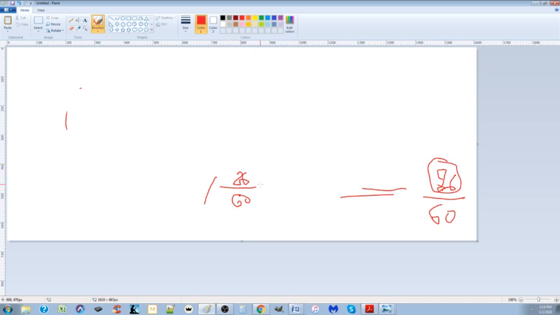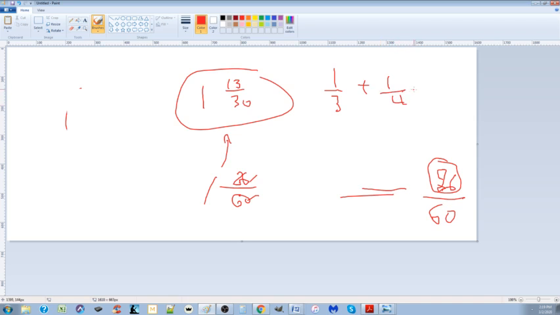No, let's divide it by 2 and see if I get a better number. I'm left with 1 and 13 over 30. That's the smallest possible fraction. How do I know? Because 13 is a prime number. So boom, that is the answer of what is 1 over 3 plus 1 over 4 plus 1 over 5. The answer is it's 1 and 13 over 30.